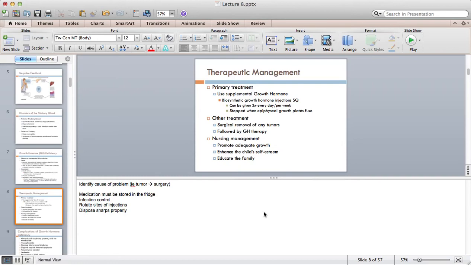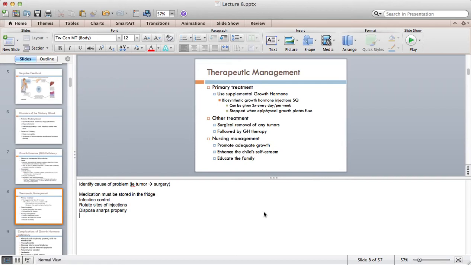And usually they'll need to come for their regular follow-up appointment, and the physician will monitor this child's growth. Usually the growth hormone will be stopped when the growth plate or epiphyseal plate has closed.